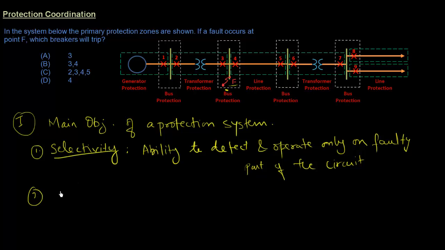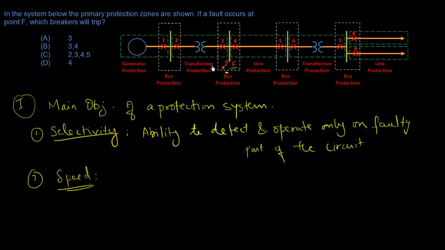What's the next one? So we've learned about coordination. Coordination fits in right there, but there are lots of other objectives as well. So there's speed. You want your protection system to operate in a timely fashion such that, A, you prevent damage of equipment from the fault condition.